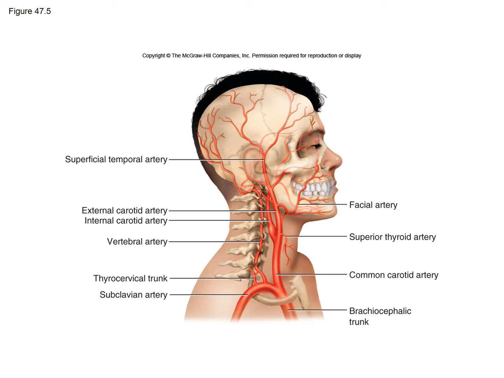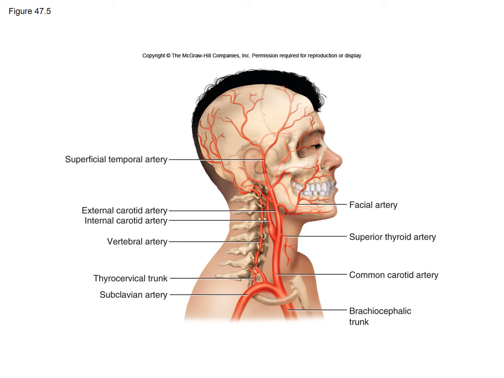From the subclavian, you're going to have the thoracocervical trunk, going to the thoracic and cervical vertebrae, and the vertebral artery. The vertebral artery will ascend, and in the next slide we're going to see what happens to it.